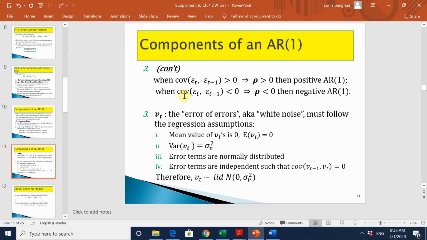And when the correlation coefficient is negative, then that means, of course, that the covariance between two consecutive error terms will be negative as well. And so here we are looking at a negative autoregressive model of error terms of order 1, or negative serial correlation.